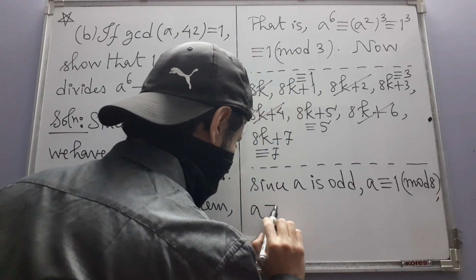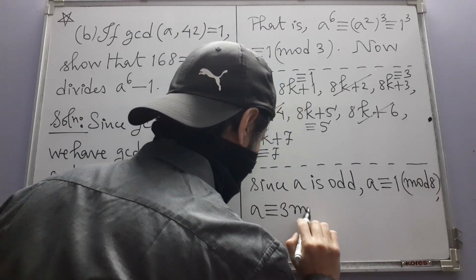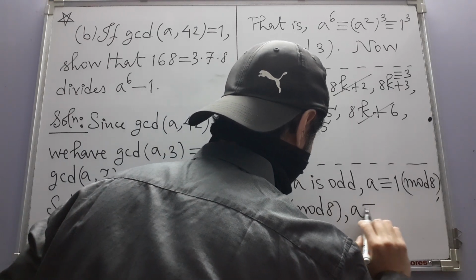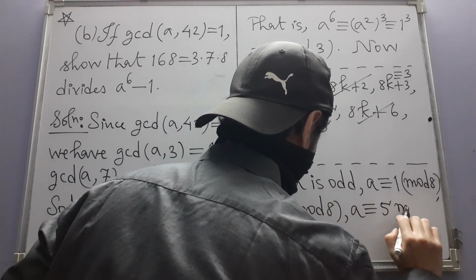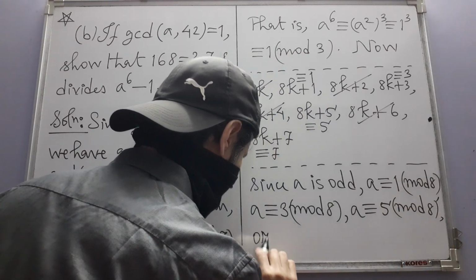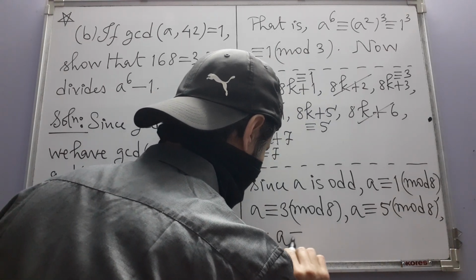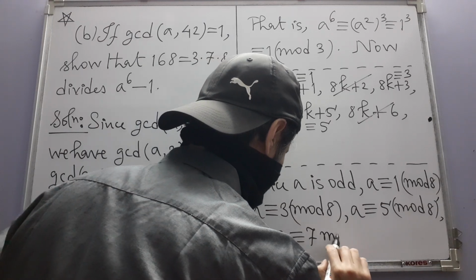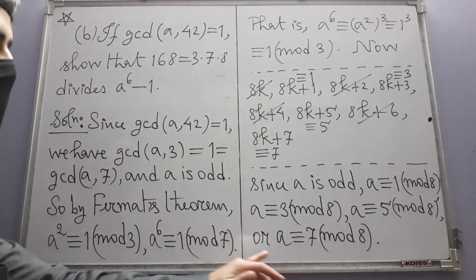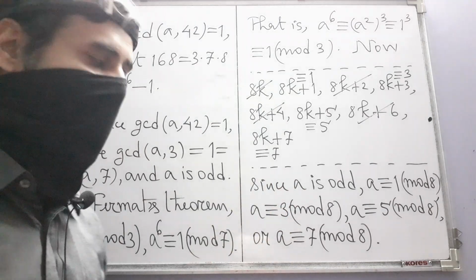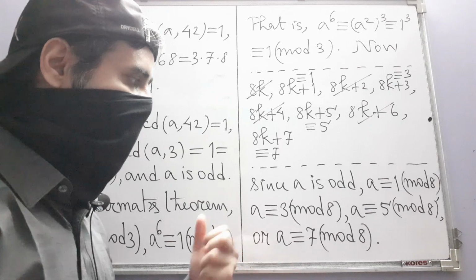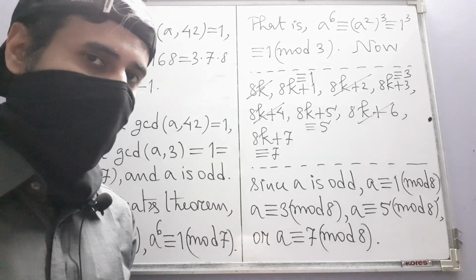Or A is congruent to 3 mod 8, or A is congruent to 5 mod 8, or A is congruent to 7 mod 8. Now we have to see what happens to the 6th power of A in each of these 4 cases. That may seem like a lot of calculation, but you will see that it's actually nothing.